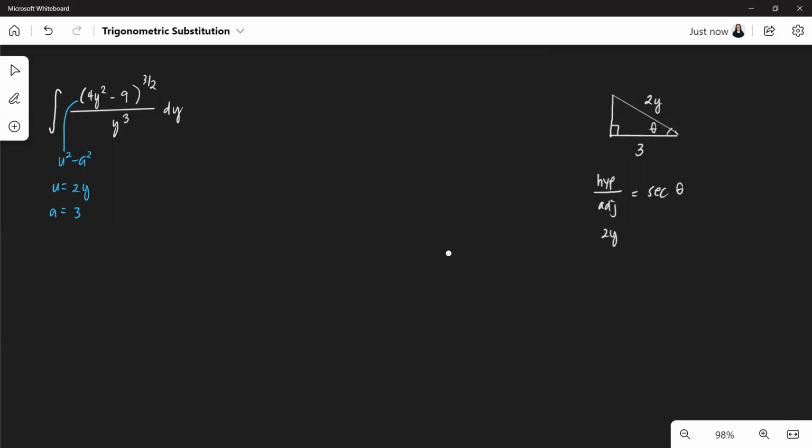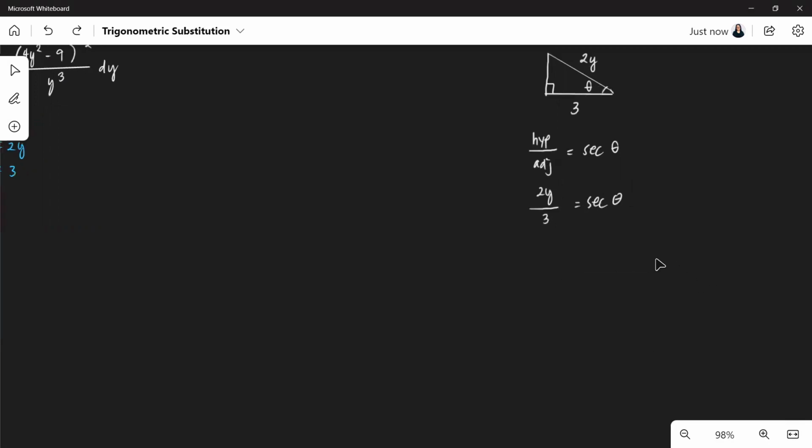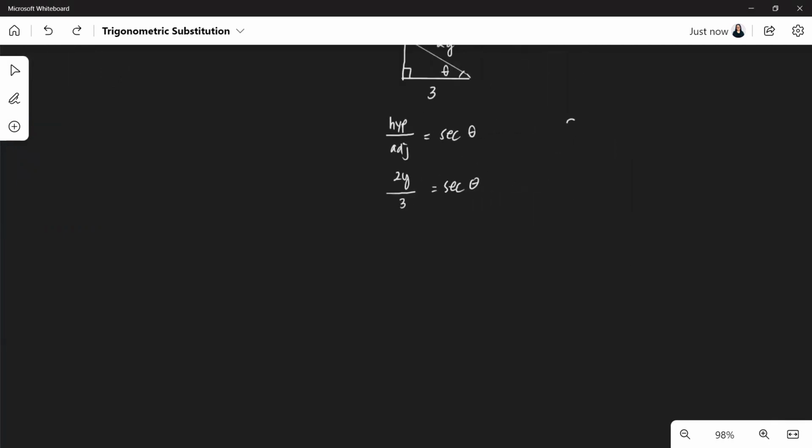We get this ratio because we need to put the variable on top of the fraction and the constant at the bottom. That's why we write it as hypotenuse over adjacent and not adjacent over hypotenuse. Although we can also do that, we arrange the expression so that we end up with y on the left side of the equation. We can always write it as adjacent over hypotenuse and use the trigonometric identities.